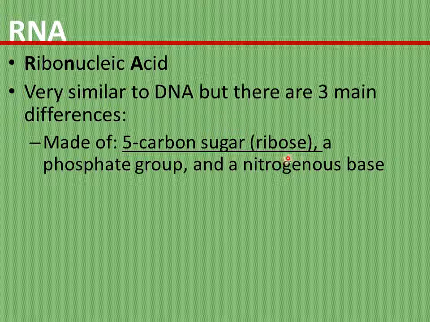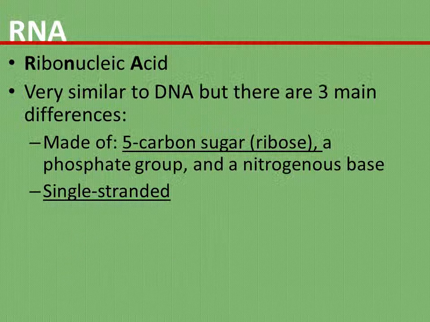So these two parts, the phosphate group and the nitrogenous base, are the same. The main difference is that it has a ribose group instead of the deoxyribose, like in DNA. RNA is single-stranded. That means it's only made of one strand instead of two, so it's not a double helix at all.